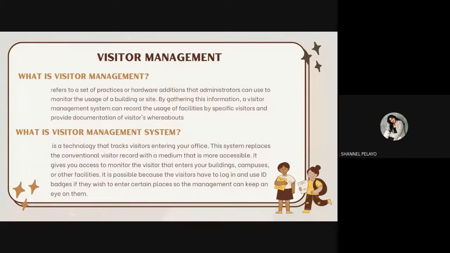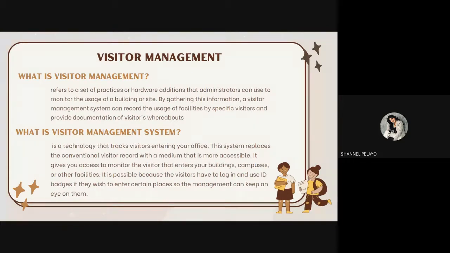However, a visitor management system is a technology that tracks visitors entering your office. This system replaces the conventional visitor record with a medium that is more accessible. It gives you access to monitor the visitors that enter your building, campuses, or other facilities.